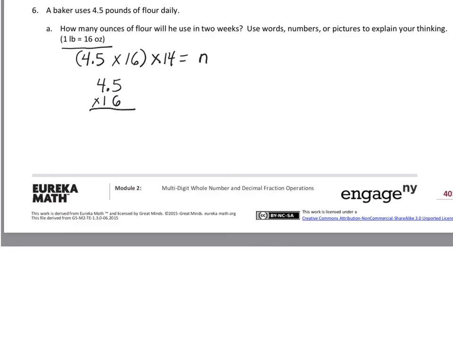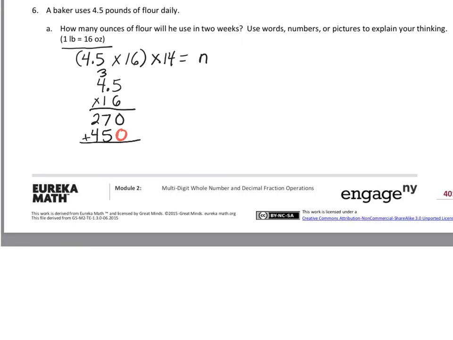6 times 5 is 30. And 6 times 4 is 24. Then we add the 3 that we carried is 27. And now we do 1 times 5. But wait, that's not a 1. That's a 10. So we need to add a 0 to this. Now we can multiply. 1 times 5 is 5. And 1 times 4 is 4. Now let's add up our partial products.